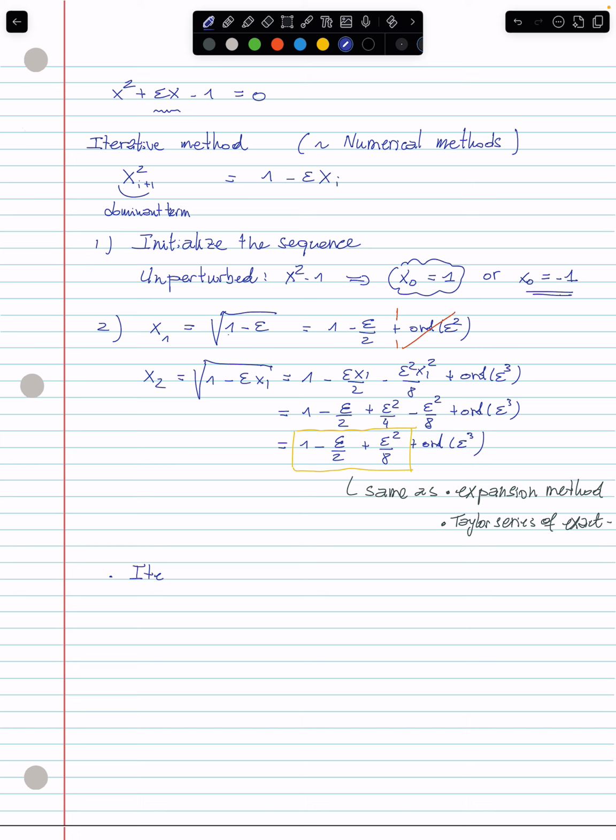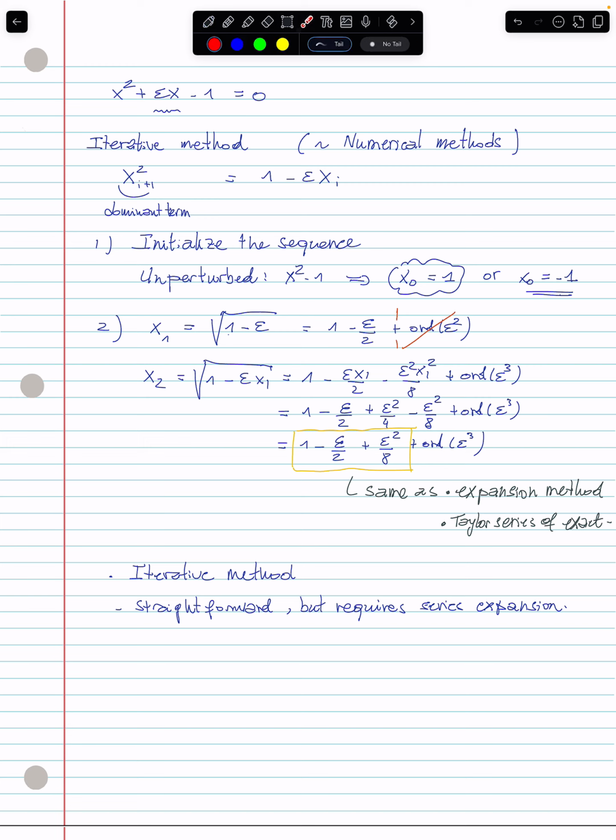Iterative method. Straightforward. But requires series expansion. Although in the expansion method, we haven't used any series expansion at all.